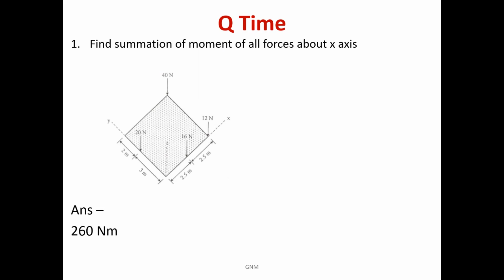For the figure shown here, find the summation of moment of all forces about the x-axis. The x, y, z axes are given. So you can first look for the x, y, z axes and then write down moment of 4 forces about the x-axis. Your answer should match with the answer given here.